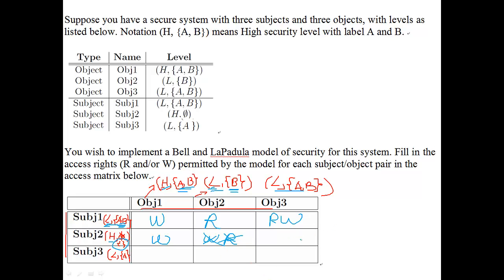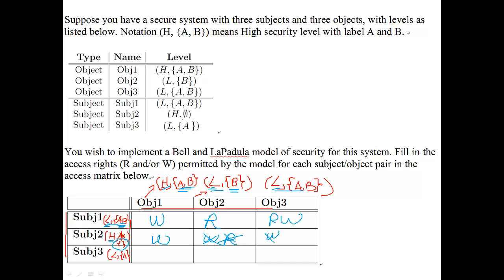Let's talk about subject 2 and object 3. If you compare subject 2 and object 3, see here, it has high level, it has low level. So definitely it cannot write to a low level.